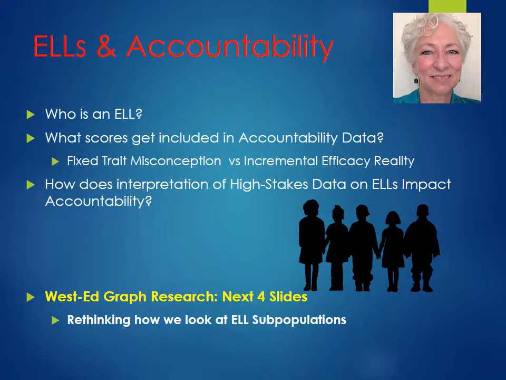Sometimes we conflate the two key subgroups that we're always addressing, the ELLs and the LDs, the Spec Ed subgroup, whose traits tend to have a more permanent or long-term quality for various reasons.